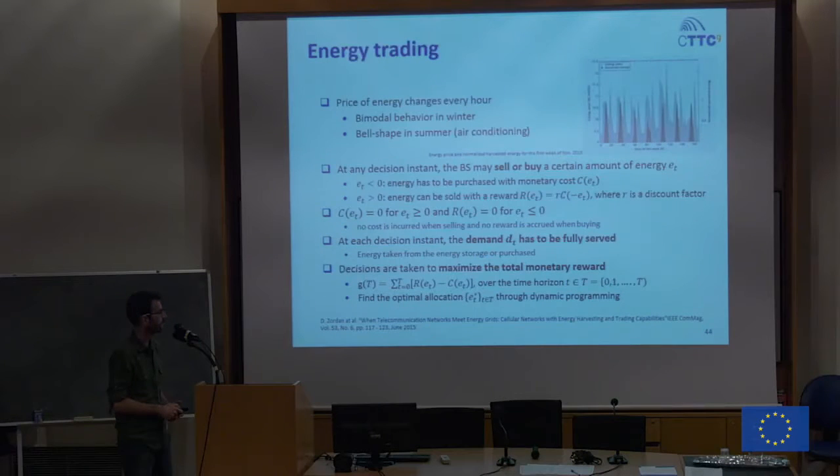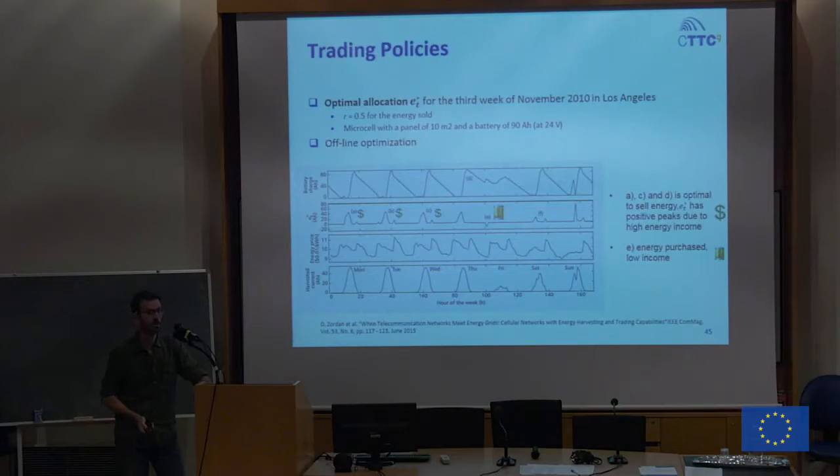So the idea is to maximize this reward, again through dynamic programming. Yesterday we also saw some details on these techniques. We can have some results, so I will show some here to understand how it's working.